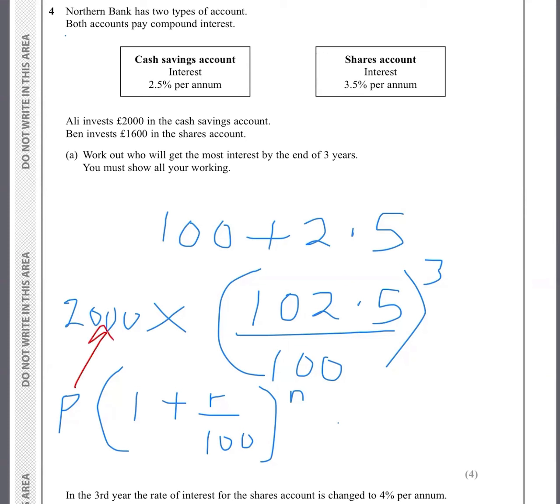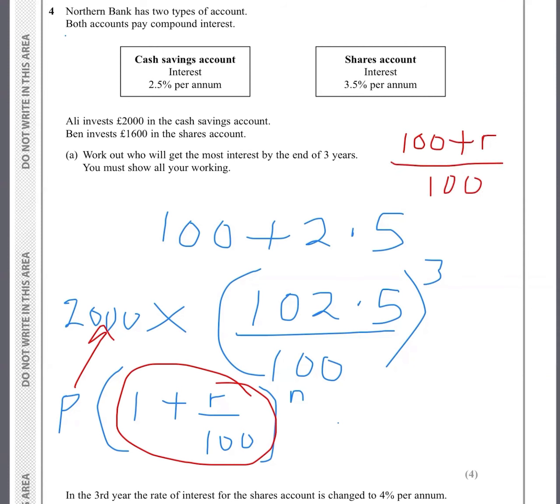Is that okay? Yeah. So if you want to simplify the whole thing here, it is as good as saying 100 plus the rate, divided by 100, right?